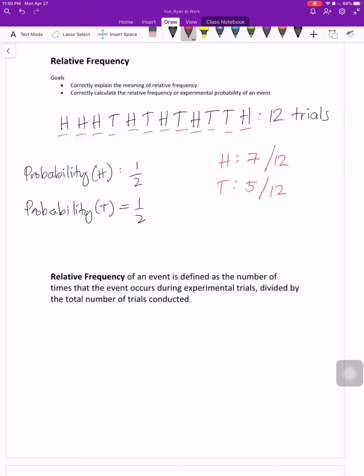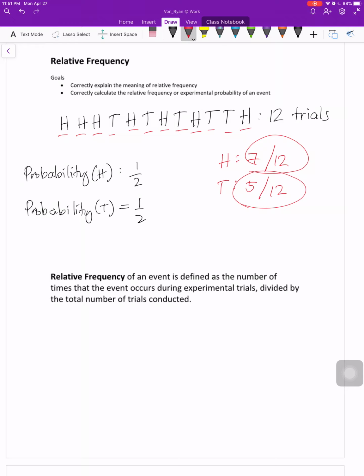As you can see, this is not equal to 1/2 each. So this number here is what we call a relative frequency. It's based on the experiment that we're doing, because we're tossing coins, and we did it 12 times.